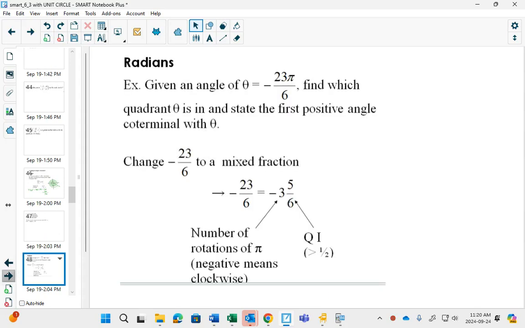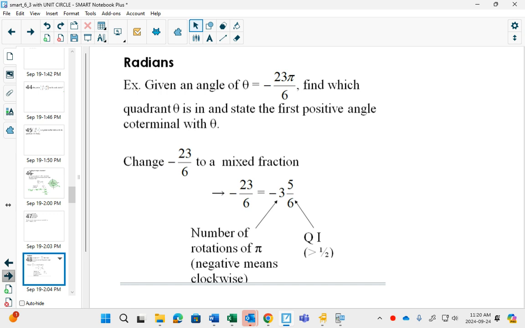Now in radians, we can do the same idea. If you had a calculator, you could just go and divide it by 2 pi, but these are normally going to be non-calculator questions. So if you had something like -23 pi over 6, there are some things that are going to be really nice in radians.